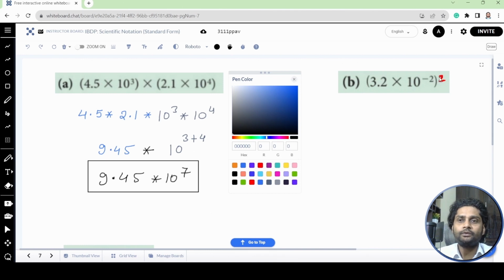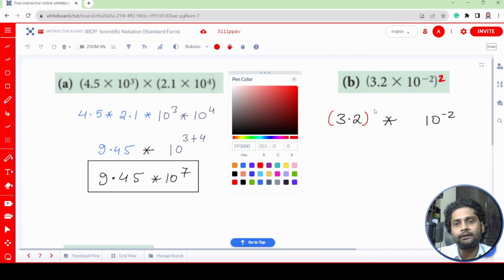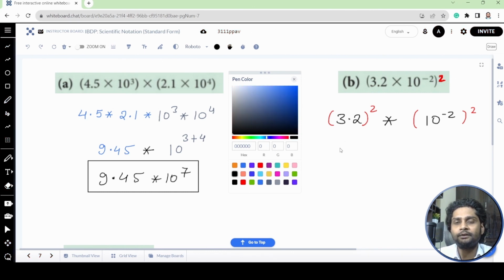Let's take the second example. In this question, we have a whole exponent and in the bracket we have two terms multiplied. So students, we have to apply the same exponent on both the terms. We can rewrite the terms and apply the same exponent here as well as here. Now the first number will be squared. As we square it, we multiply 3.2 by 3.2.